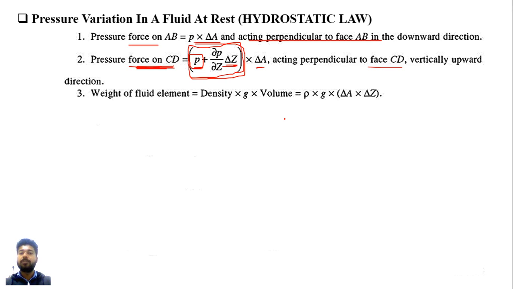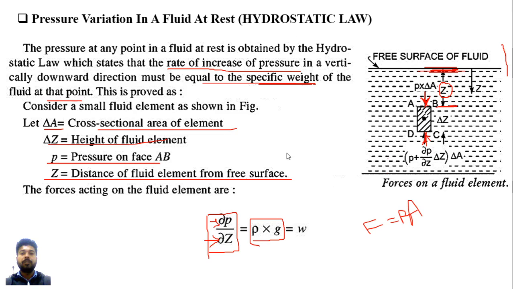So firstly we take one as positive, and the second force will be a negative force. Now, considering the third force in the vertical direction: the weight of this element. Force number one is P × ΔA. Force number two is (P + ∂P/∂Z · ΔZ) × ΔA, that is, the change in pressure due to the height ΔZ, times ΔA, as per our chain rule.